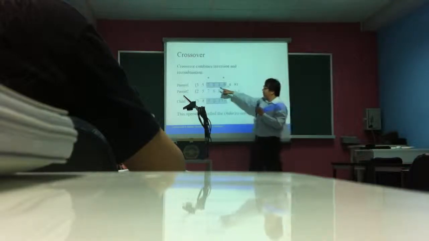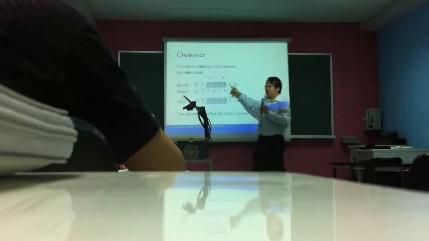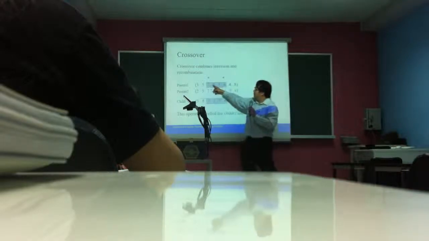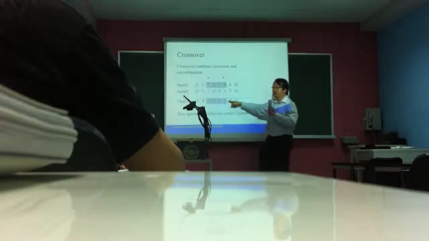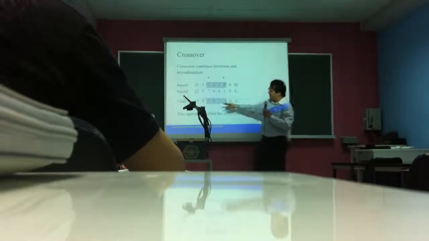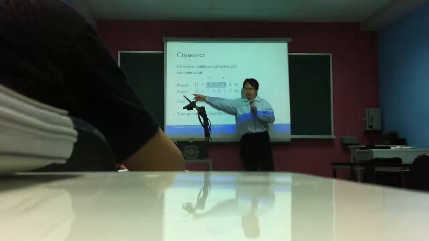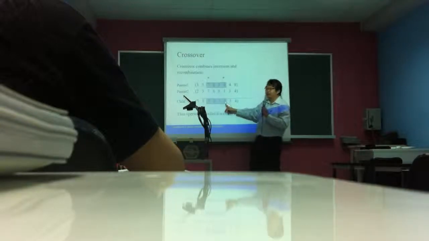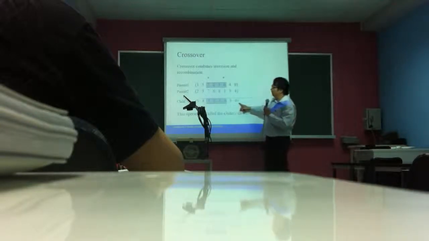And we set the position to cross over. Then the part in the crossover position we select here, we copy to the child. And the rest, we take in the order of parent two. Only this gray area is from parent one. Others come from parent two.